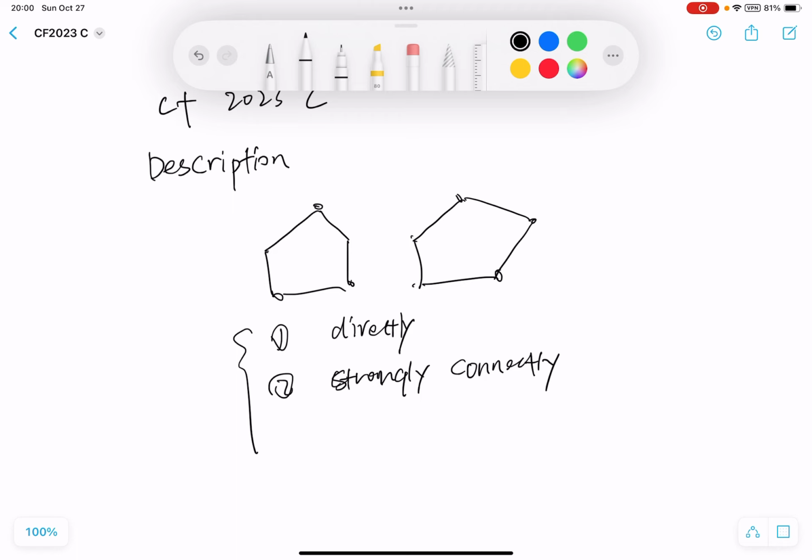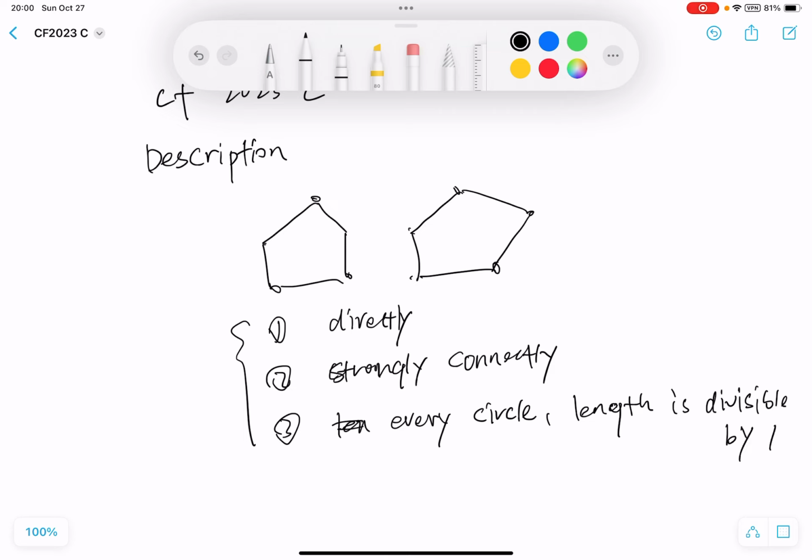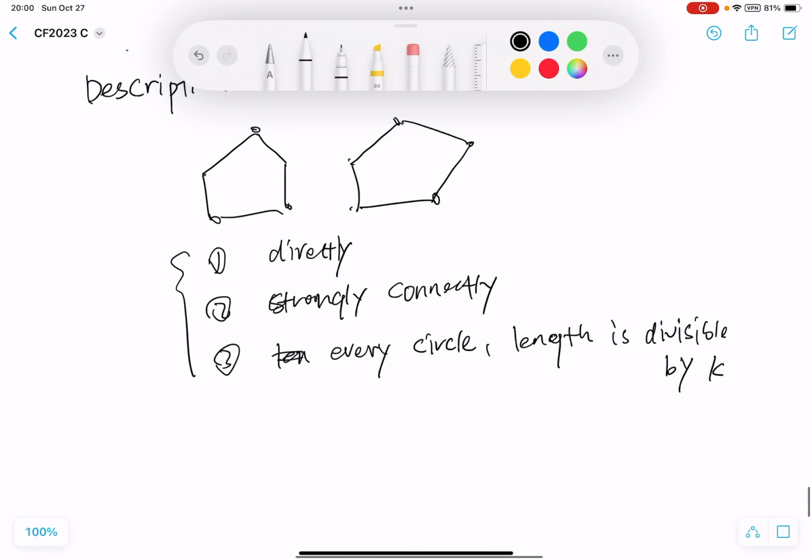Thirdly, and this is the most important, for every cycle in the two graphs, the length is divisible by k. That means the length of every cycle on the two graphs is divisible by k. This is the information about the two graphs.